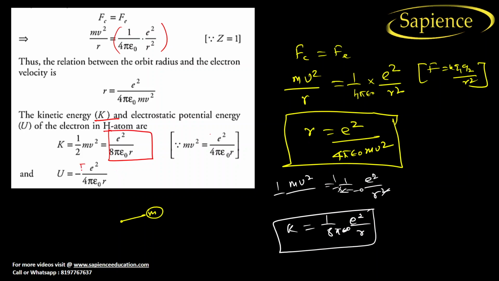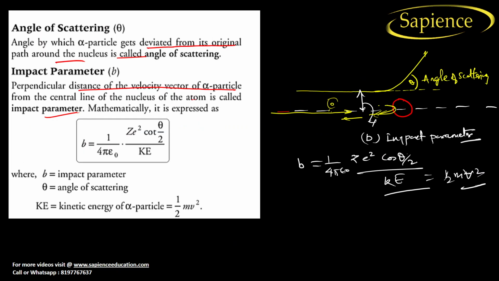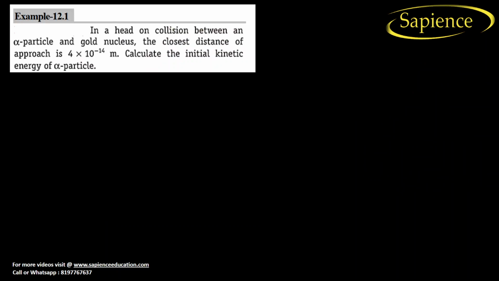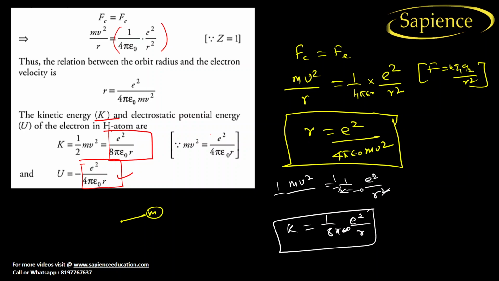Potential energy is negative of e square by 4 pi epsilon naught into r. Whatever kinetic energy comes, this will get converted into potential energy, right? So this will be the kinetic energy and this will be the potential energy.